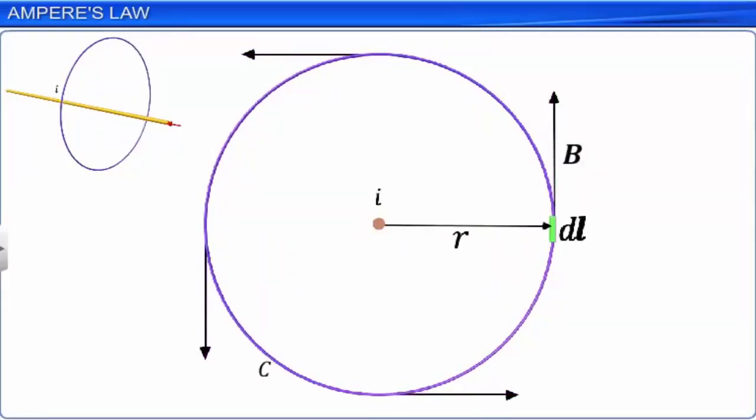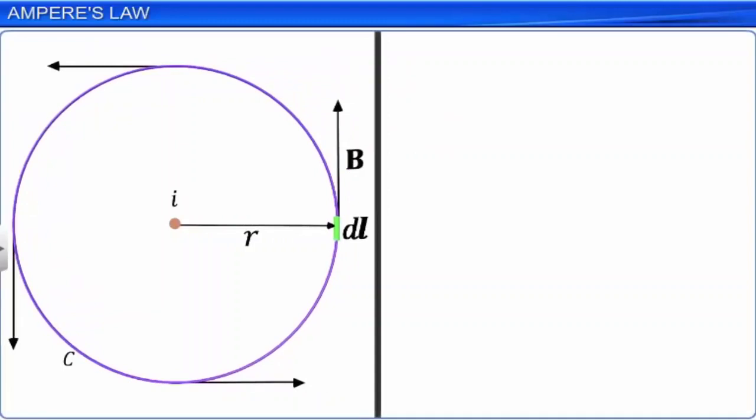The magnetic induction, B, at the small element of the Amperian loop, due to the current passing through the conductor, is tangential to the small element of the Amperian loop. We know that the scalar product of magnetic induction and the length of the small element of the Amperian loop, B dot dl, is equal to B dl cos theta.